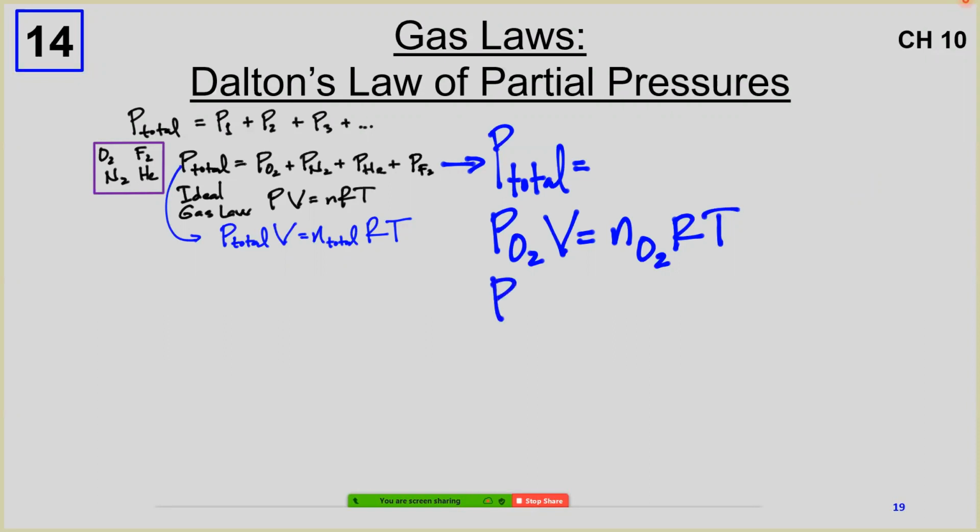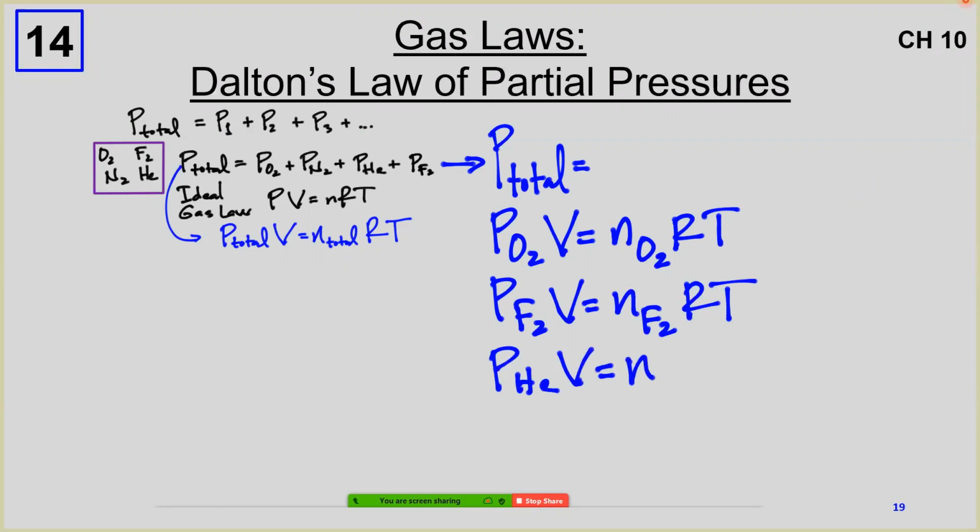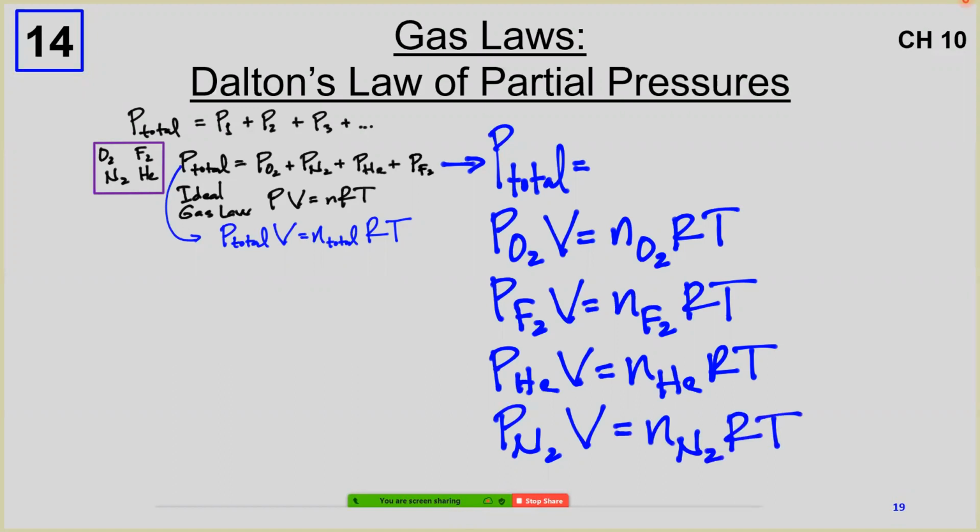We can do the same thing for the other gases like fluorine gas. Number of moles of the fluorine gas times RT. Pressure of helium times the volume is equivalent to the number of moles of helium times RT. We're just separating them into individual pressures. And then the last one is pressure of nitrogen gas times V equals number of moles of the nitrogen gas times RT.